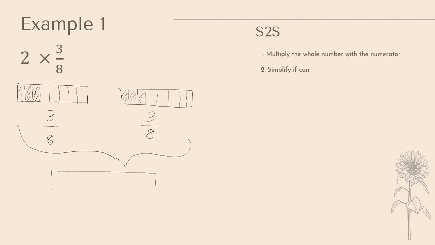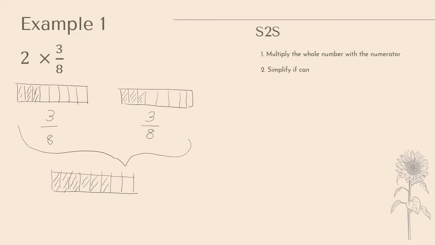Let me just draw that over here. It is still cut into 8 pieces. 1, 2, 3, 4, 5, 6, 7, 8. Getting rid of the extras. And then we are shading 6. 1, 2, 3, 4, 5, 6.